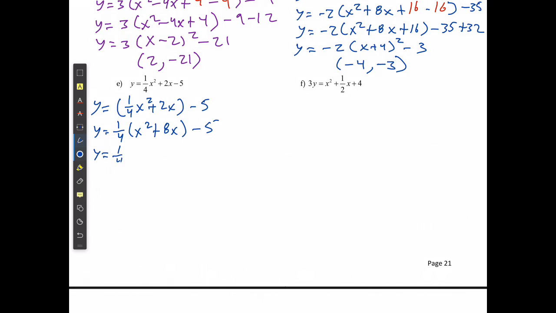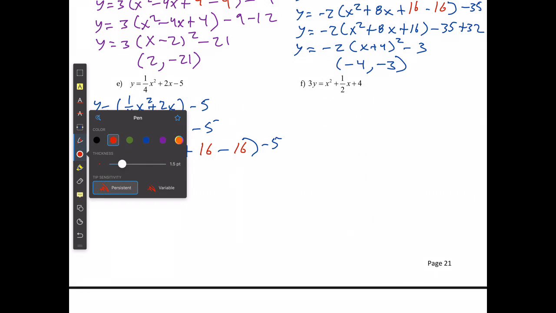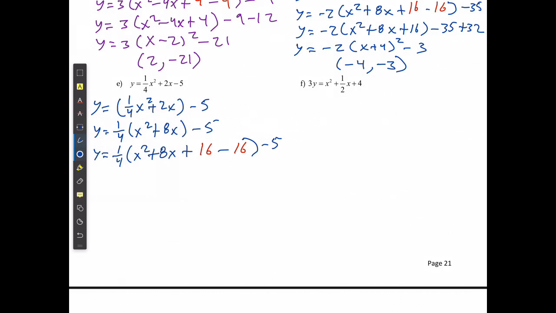Y is equal to 1 over 4 bracket x squared plus 8x plus and minus, and then minus 5 on the outside, and the magic number in this case is 16. Y is equal to 1 over 4 x squared plus 8x plus 16 minus 5, and when I move the negative 16 out, I'm going to multiply it by 1/4, which is going to give me minus 4.